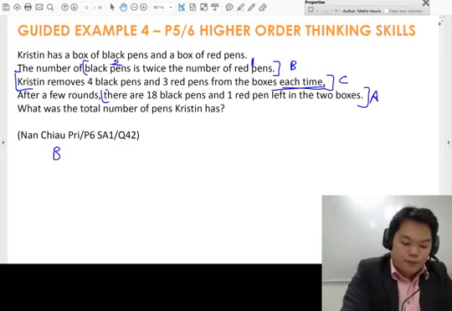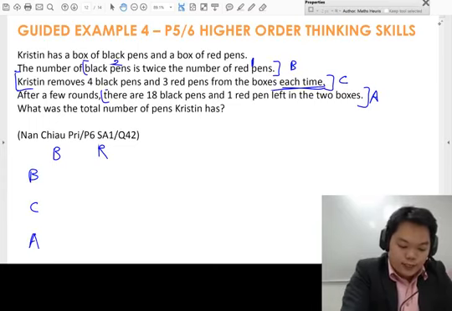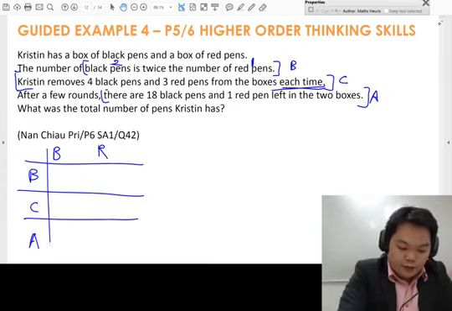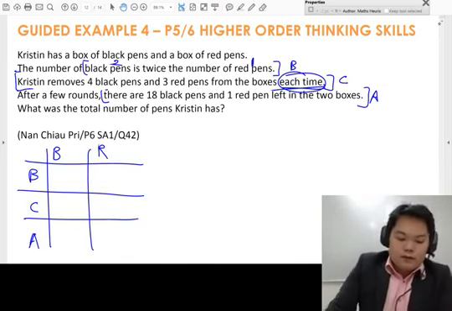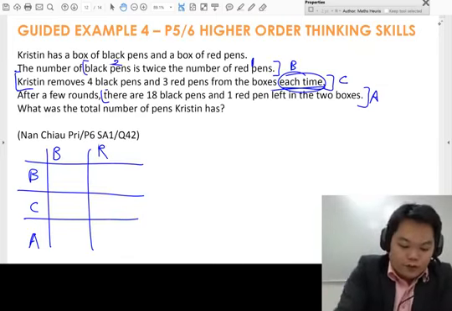Okay, let's draw out the BCA table first. Alright, for black pens and red pens, this is 2, this is 1. Quite straightforward.